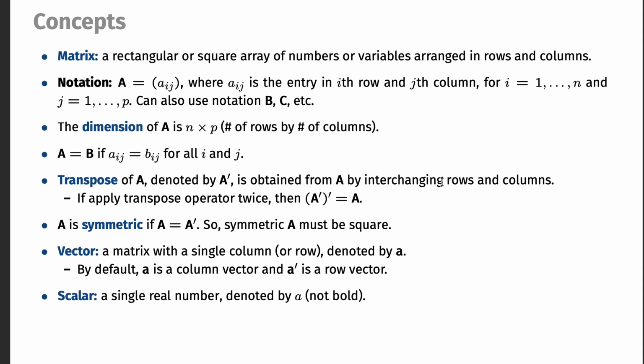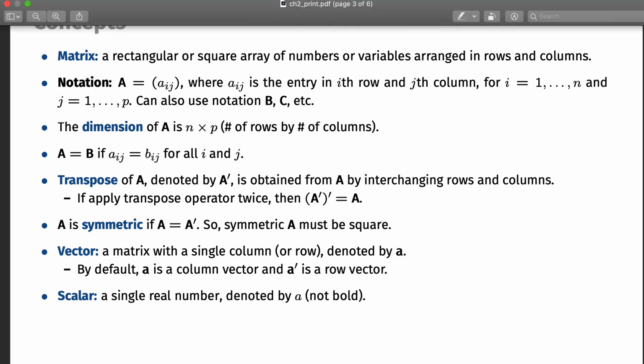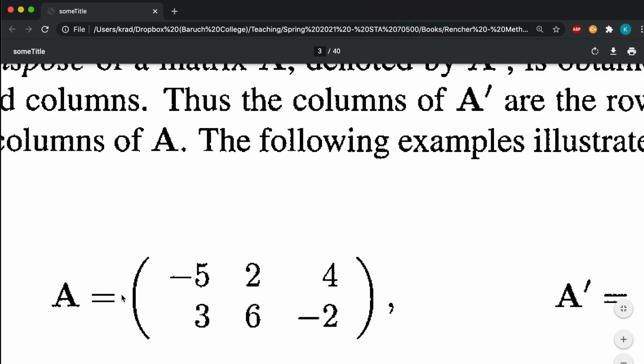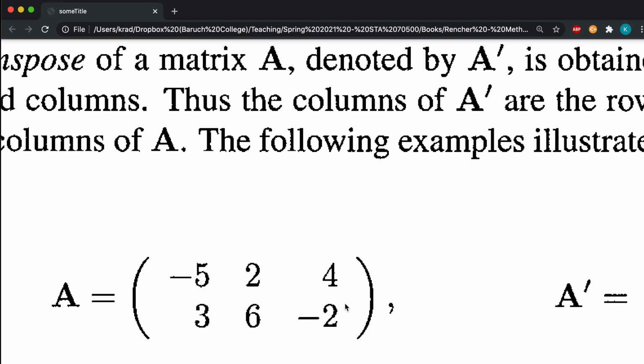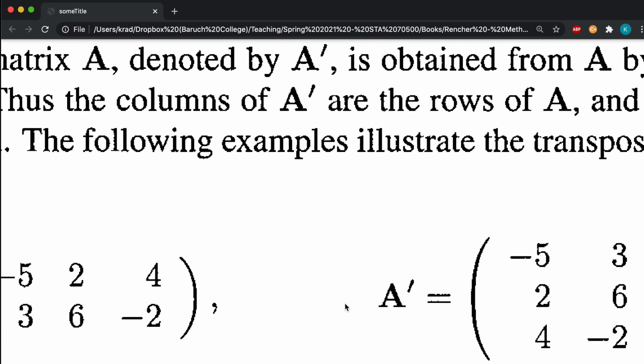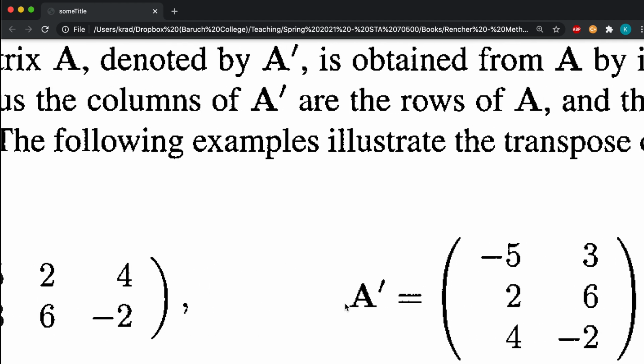Okay, so let's look at an example. A is a 2 by 3 matrix, so A transpose will be a 3 by 2 matrix.